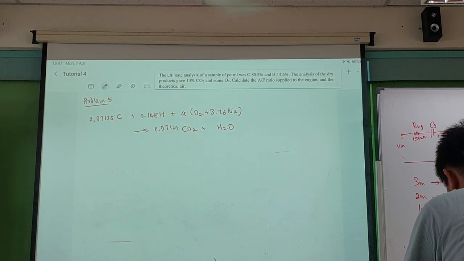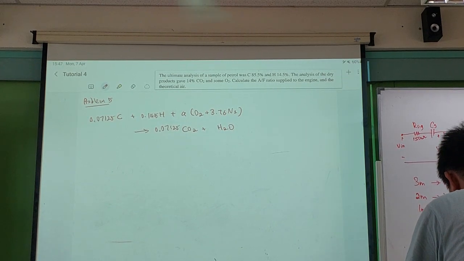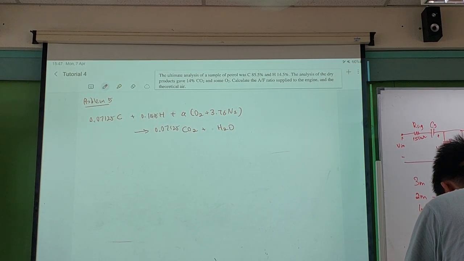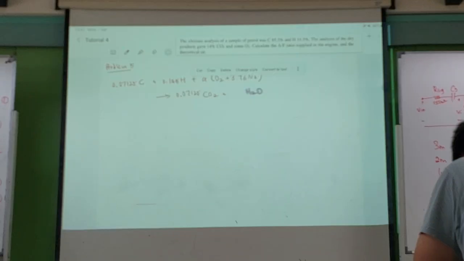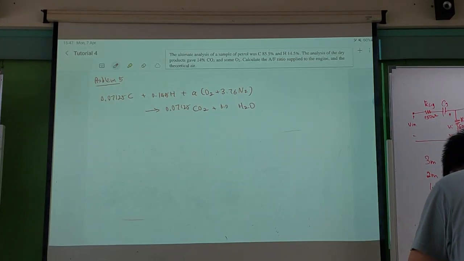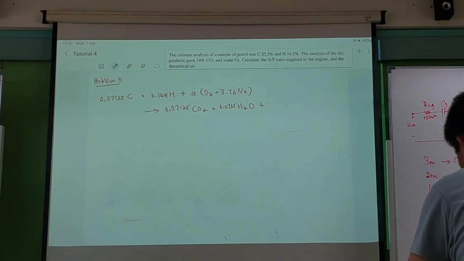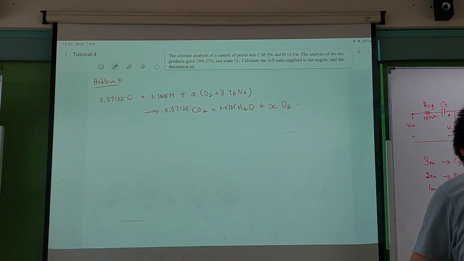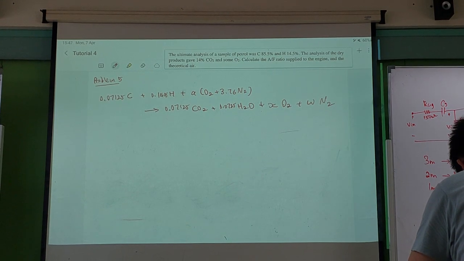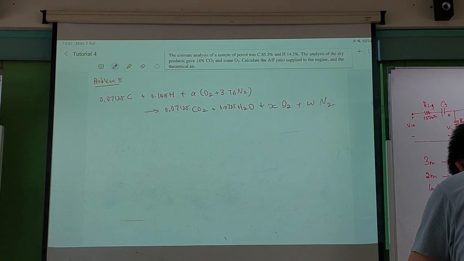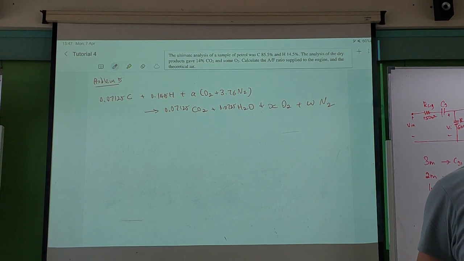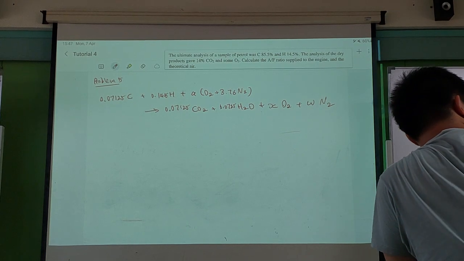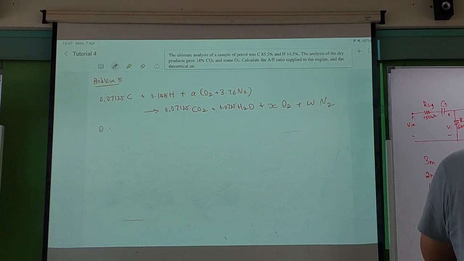So here we know this is excess air. H2O is still the same, so this is 0.0725, and then plus some O2, let's call this X. In this case, O2 you can find easily. We still have a balance, so you can just balance O.